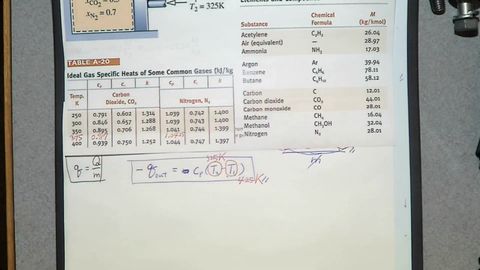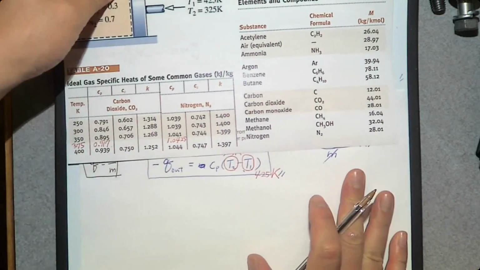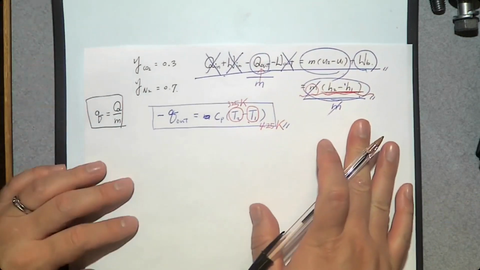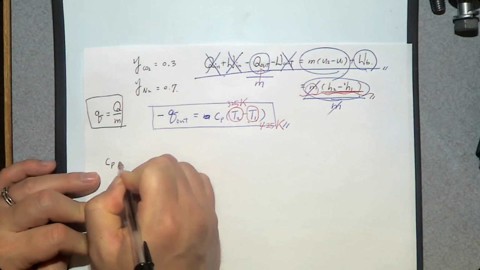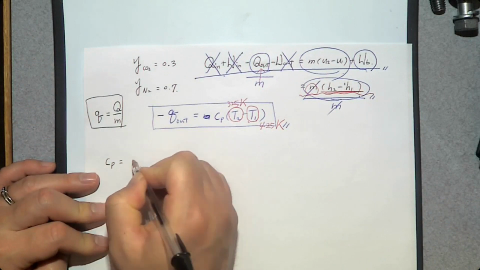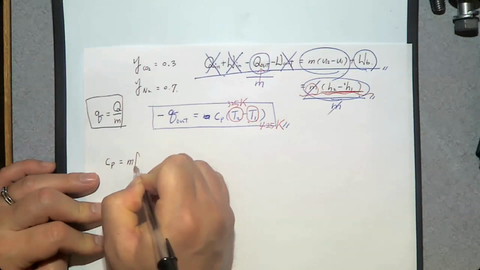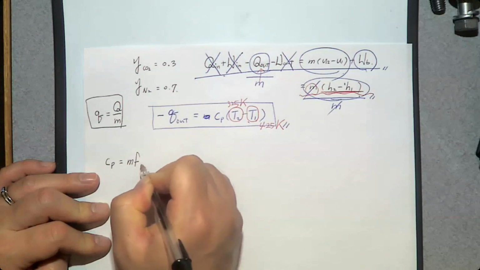Then how can we determine this average specific heat between carbon dioxide and nitrogen? The specific heat of a mixture can be determined by the mass fraction of each component.